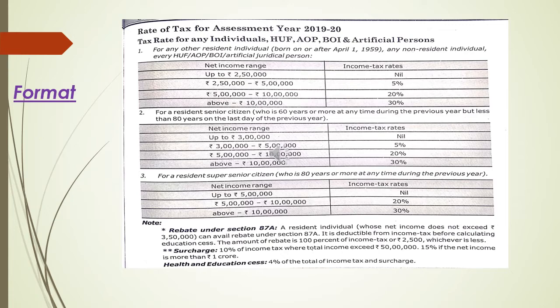And surcharge is nothing but it is also called tax on tax. 10% of your income tax if your total income exceeds 50 lakhs. 15% of your total tax if your income exceeds 1 crore. And health and education cess is at 4%. These are the basic concepts, information which you should be aware of before calculating the problems.